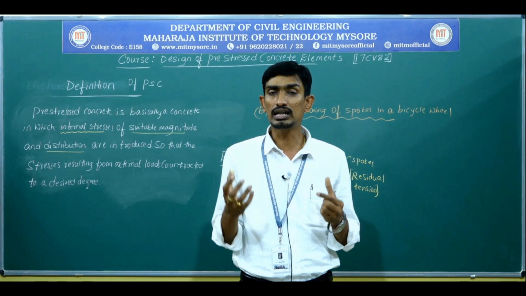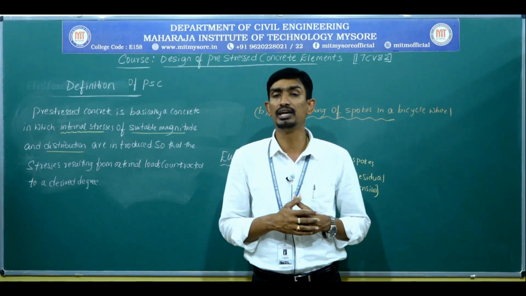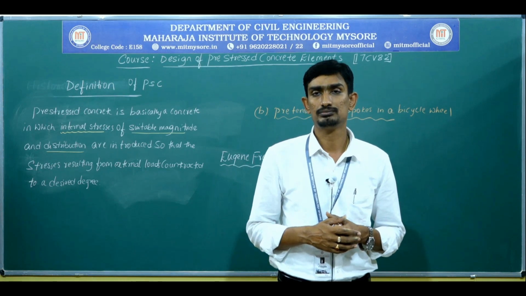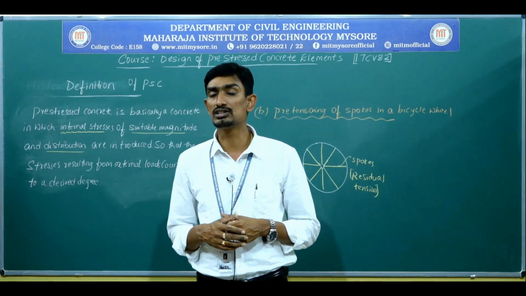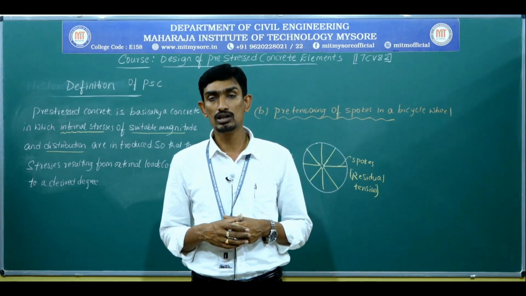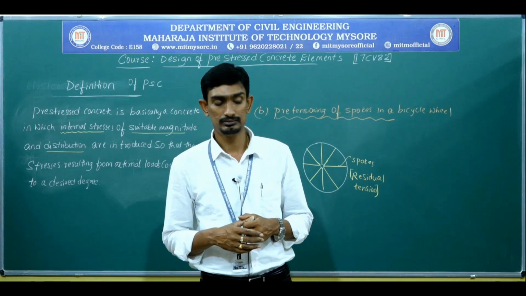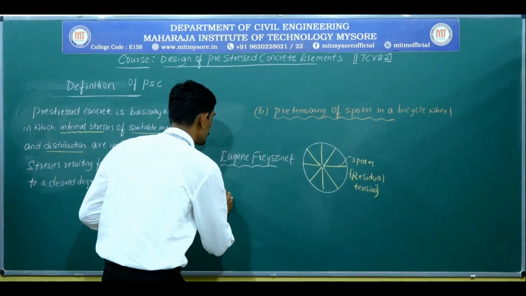This thought came into his mind, so he extended the work on PSC further. That's why Eugene Freyssinet is called the father of pre-stressed concrete. Next, a person called Hoyer.